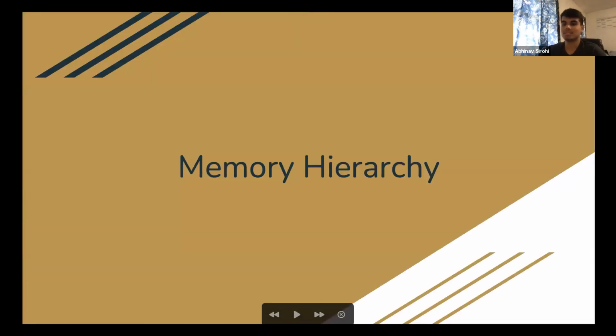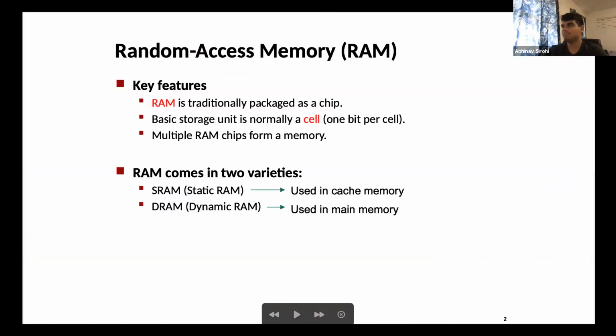Okay, so let's start with memory hierarchy. Our computers have RAM, random access memory, and RAM comes in two types.